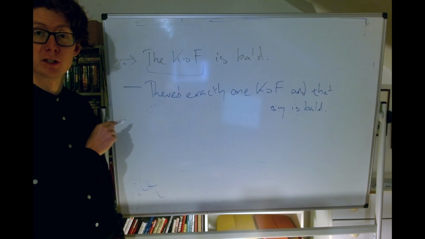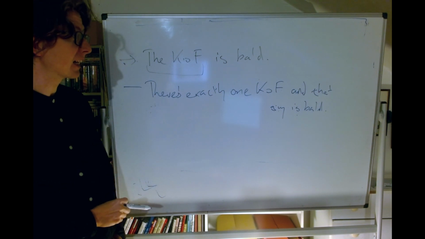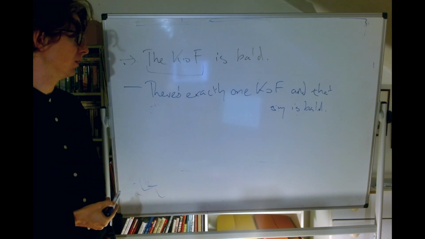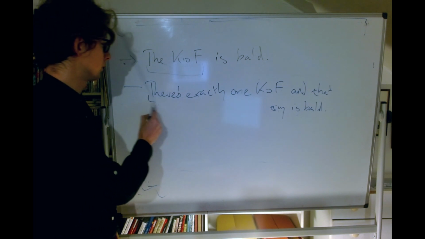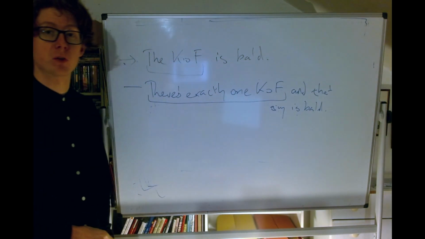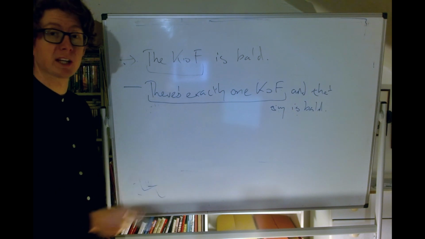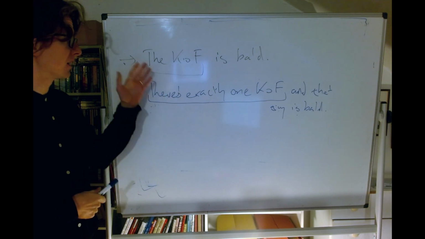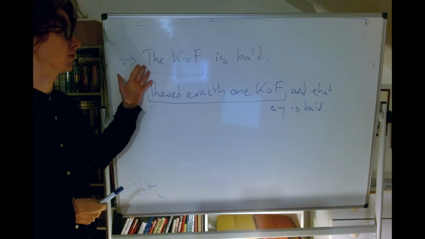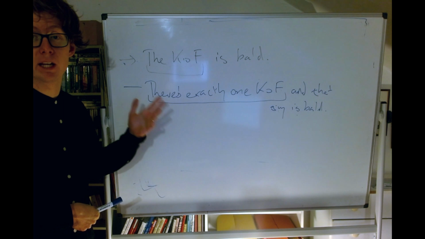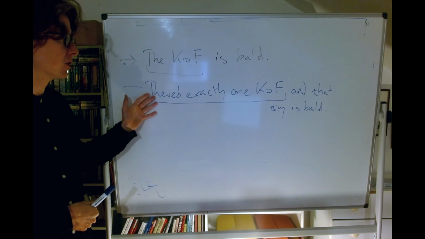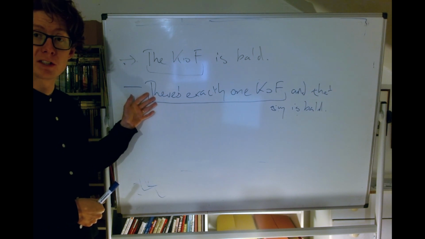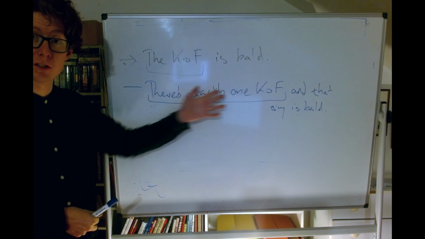A sentence involving the description, the King of France is bald, that means there's exactly one King of France and that guy is bald. That clearly is meaningful, and it's false, because this bit is false. If there's no King of France, well then there can't be exactly one King of France. So Russell's theory tells us exactly how this sentence can be meaningful when there's no King of France, and why it would be false. What it means is just there's exactly one King of France and that guy is bald. That's meaningful whether there is a King of France or not, and it's false because there is no such guy.